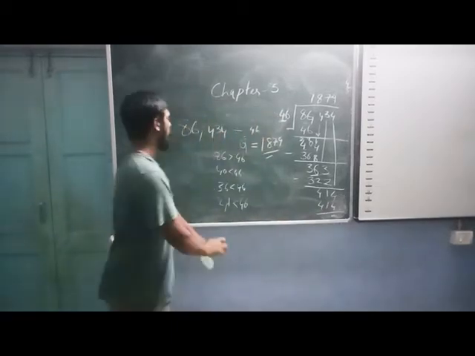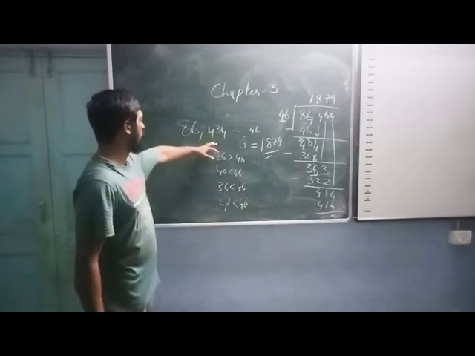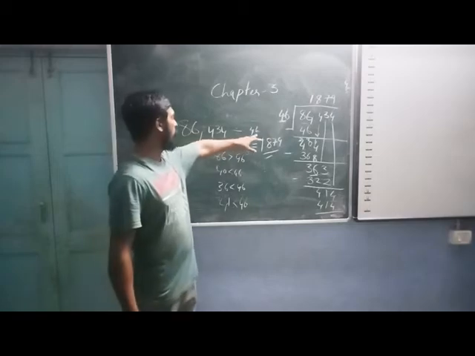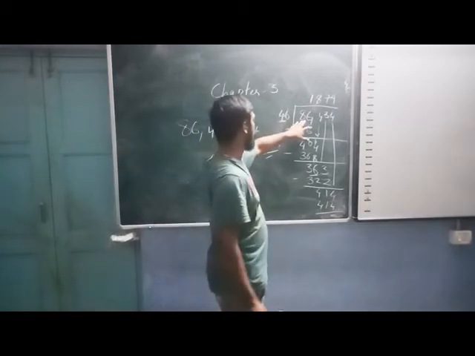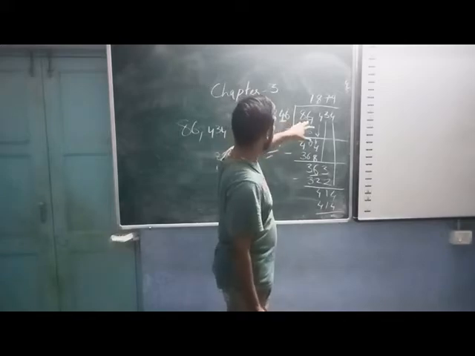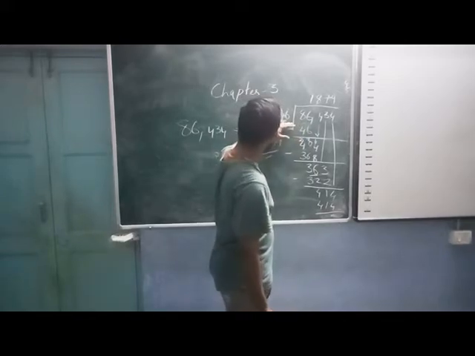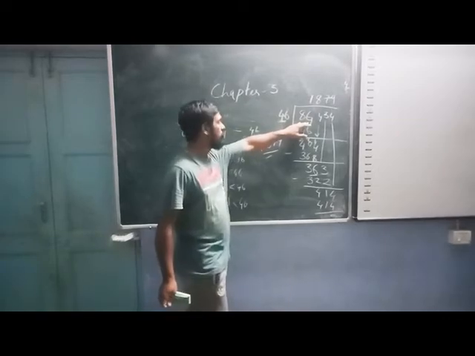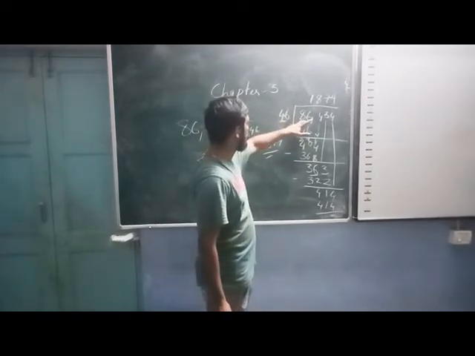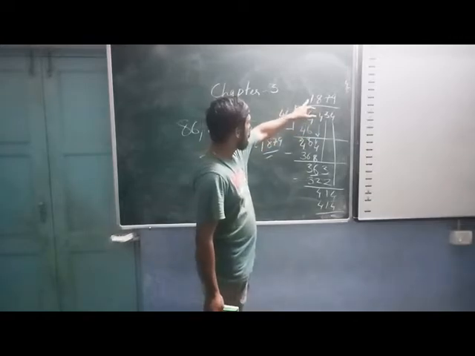So let us say this is how we divide 86,434 by 46. We wrote the dividend inside, we gave the divisor outside. First of all, we look, it is a 2-digit number. So we consider the 2-digit number. Let us see how many times 46 comes in 86. It is 1 time.